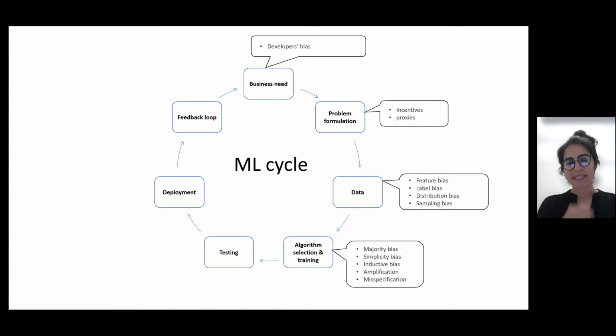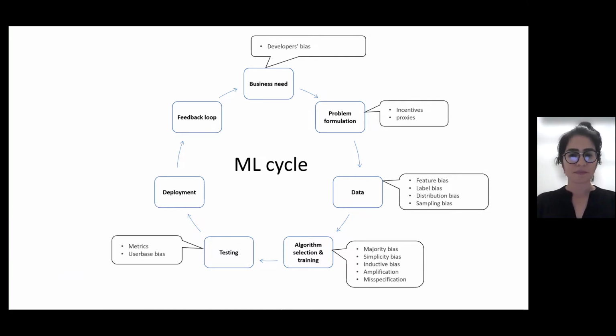In algorithm selection and training, again, we should think about all the things that can go wrong with the training procedure. We have majority bias, simplicity bias, amplification, misspecification, and all these unknown artifacts.